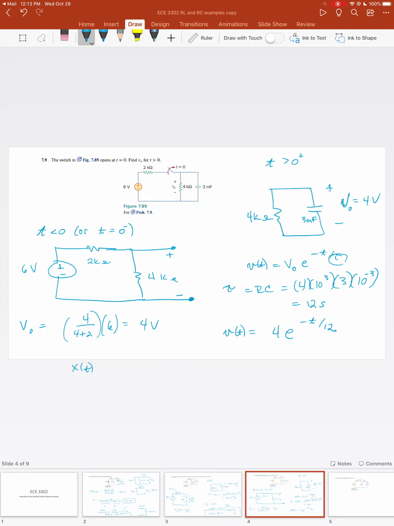So remember we had this formula, x of t, where x was our variable we were solving for, was the final value of x plus the initial value of x minus the final value of x, e to the minus t over tau.